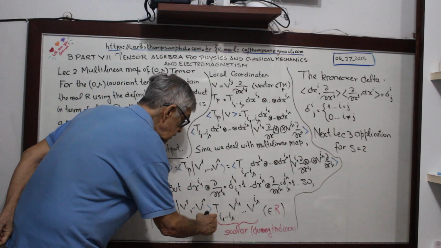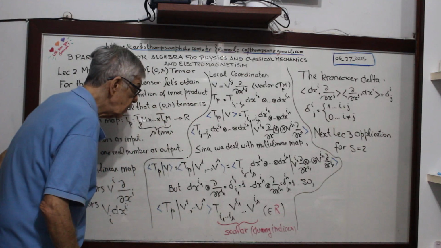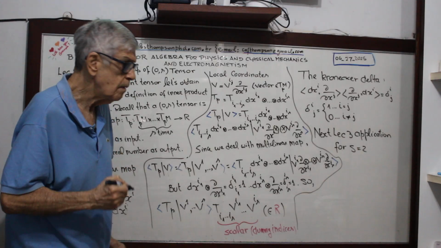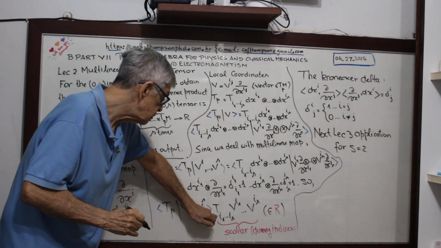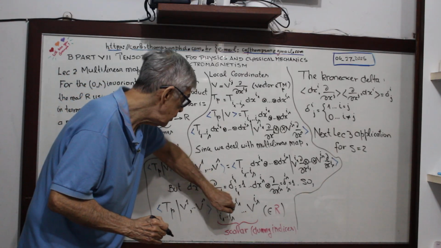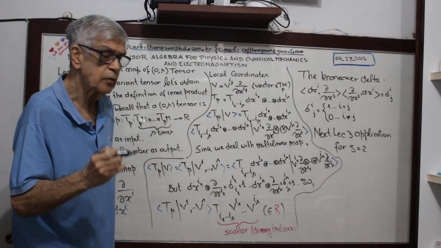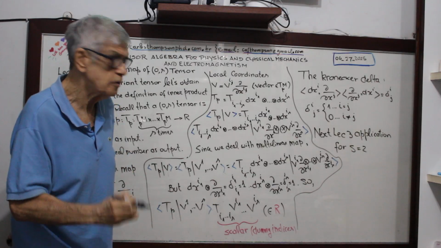Attention now, these T are components, covariant components that belong to the cotangent space, and v over here are the contravariant components which belong to the tangent vector space.